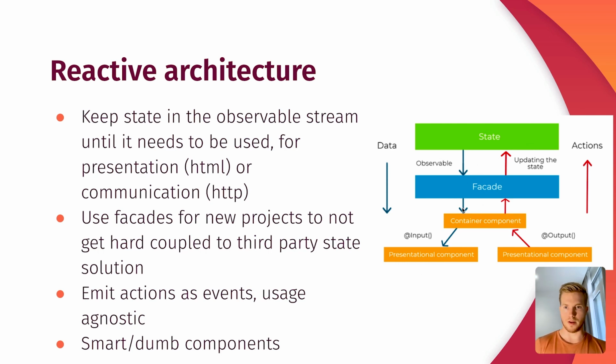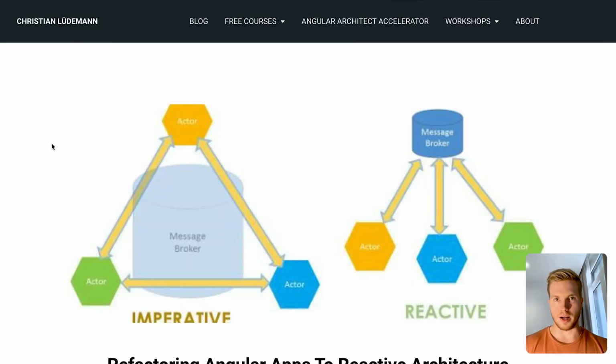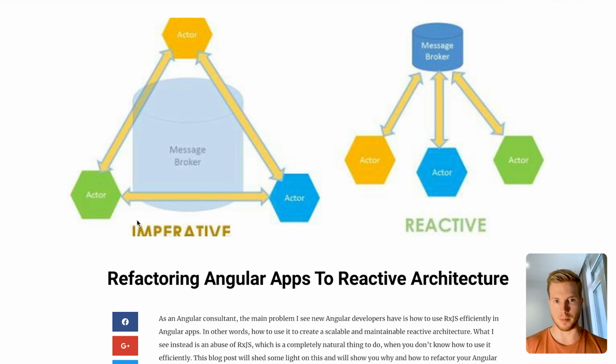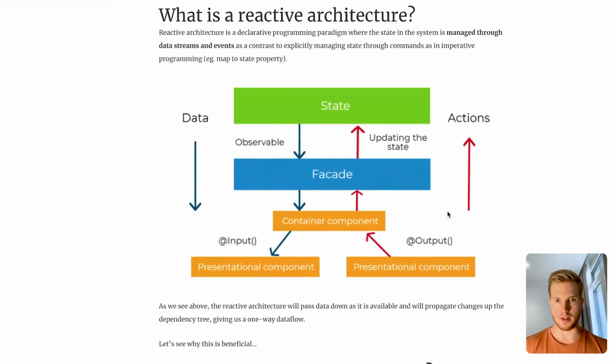And you want to keep the data in the stream, not convert it to a promise. Don't subscribe early and map it to a state field. You want to keep the value in the observable until it's actually used. It's also something I have been covering in a blog post, on how to refactor your Angular apps to a reactive architecture and what the difference is between the imperative way and the reactive way of building Angular apps.